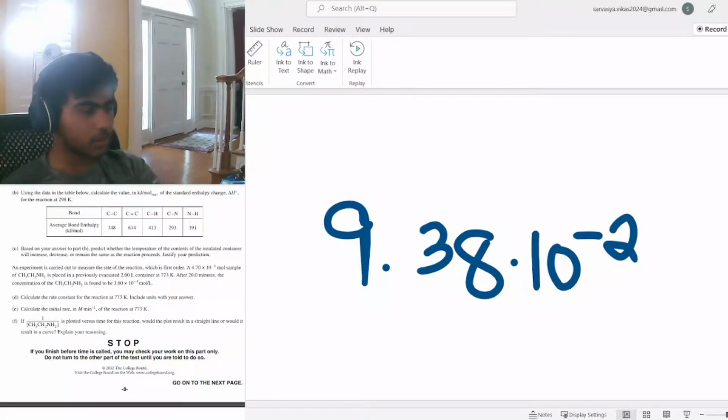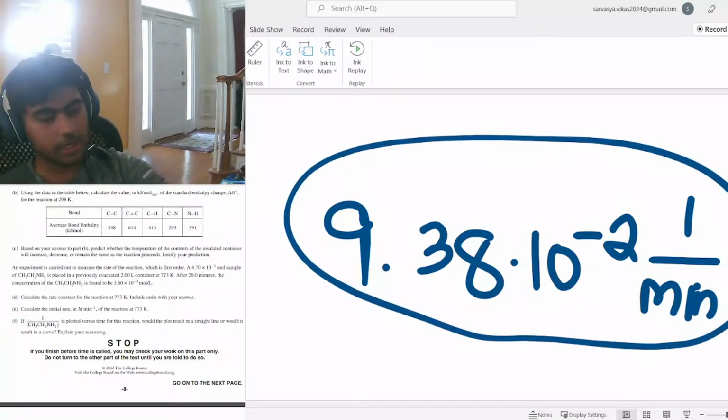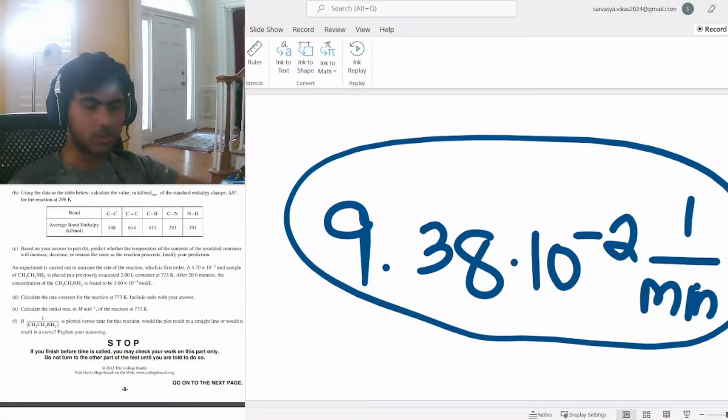And our units, well, on the top there's not going to be any units because it's just natural logarithms, which get rid of the units. The bottom is in minutes. This is going to be in 1 over minute. And our answer is 9.38 times 10 to the negative 2 per minute, or minute to the negative 1. And that is our rate constant. Let's keep going to the next part.